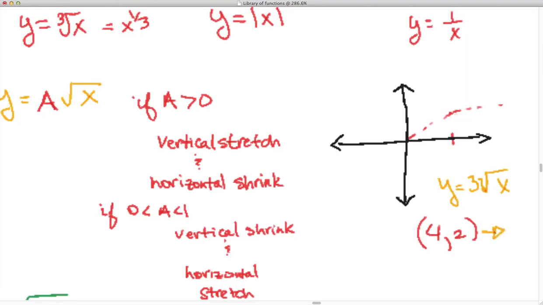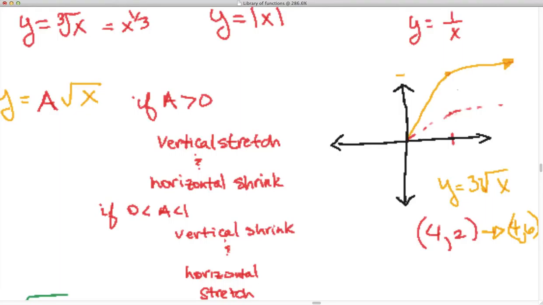Well, the x value would stay the same, but the y value now is 6. So instead of being this 2, we'd be up here at 6. So you can see how we've stretched it vertically.